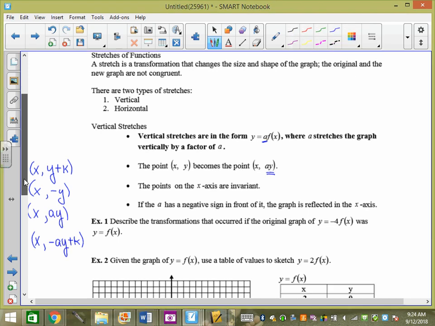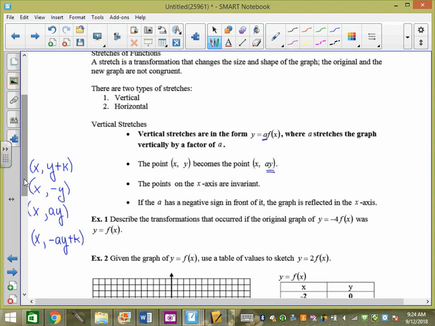So the points on the x-axis are invariant. Why would the points on the x-axis be invariant? They were invariant when I just had a reflection. If I just have a stretch, the x-axis points are invariant. Why would that be? Yeah, but what are the points on the x-axis?